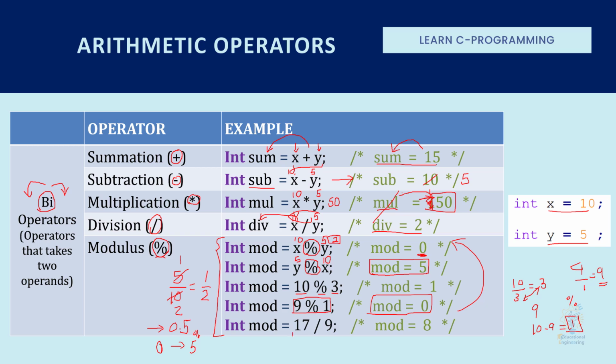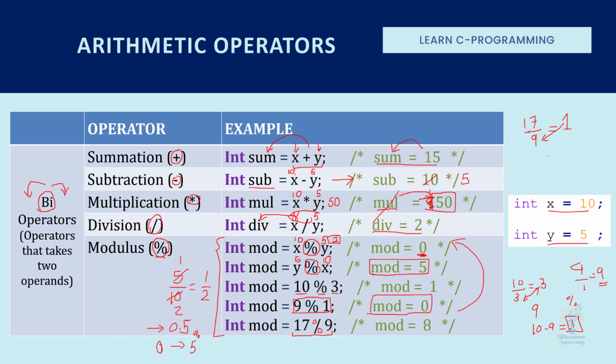Now let's try this one. This is the mod, not the division. So 17 divided by 9 will equal 1. So here, write 1.